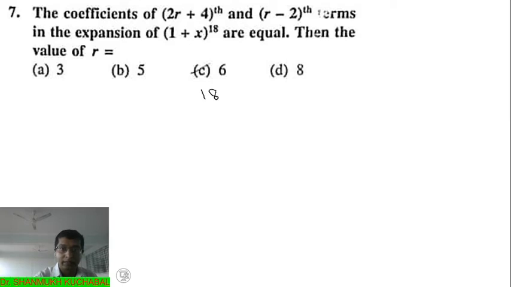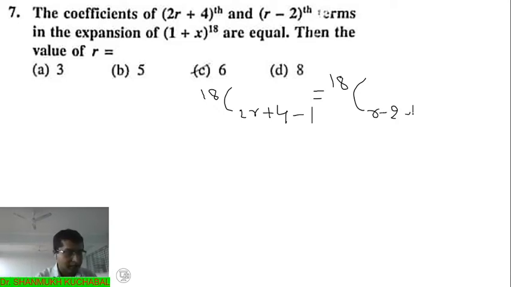So 18, it is 2r plus 4 minus 1. That is, I use nCr-1 equal to 18C(r-2-1), like this. So here I used r, and here I used r. Yes, n equals 18.